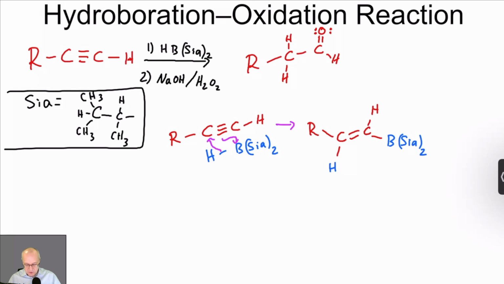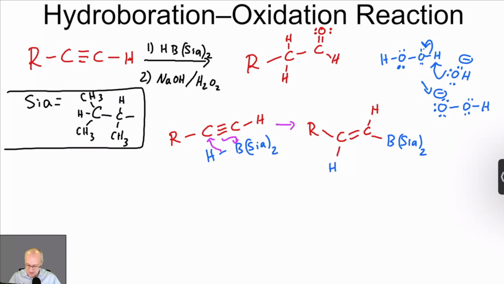You saw that in alkene chemistry. Then the next step, which you've also already seen in alkene chemistry: basic peroxide gets deprotonated by hydroxide, and you get the anion, which then will attack the boron.